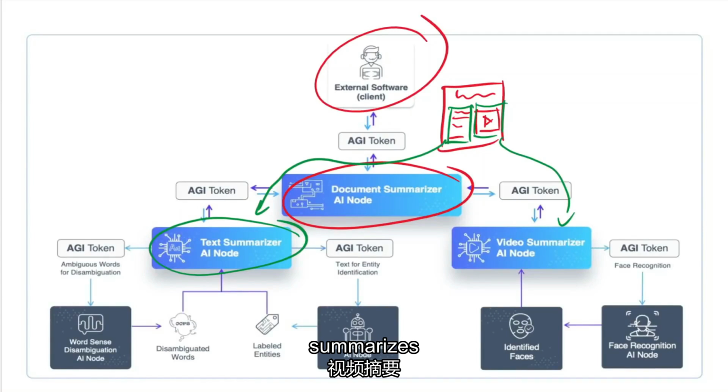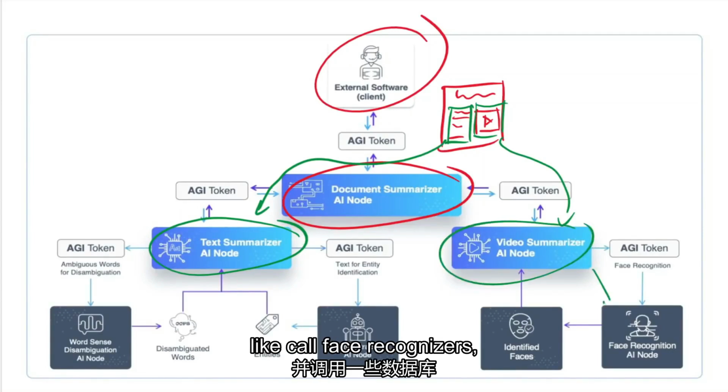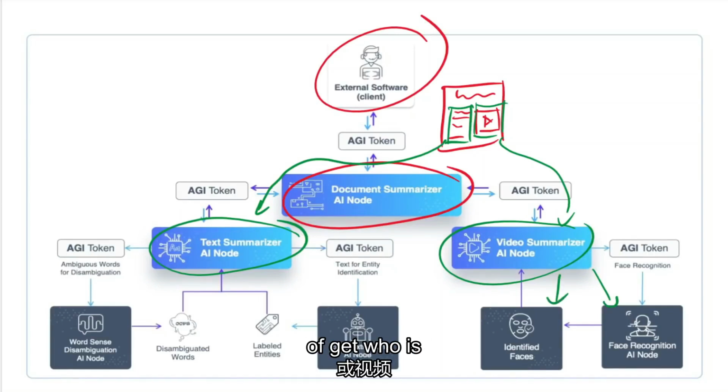The video summarizer in turn could do stuff like call face recognizers and call some databases in order to get who is in the video or what's in the video. It could call object detection and so on. The text summarizer, in turn, could call some word sense disambiguators. It could call entity extractors to also realize what is in the document.